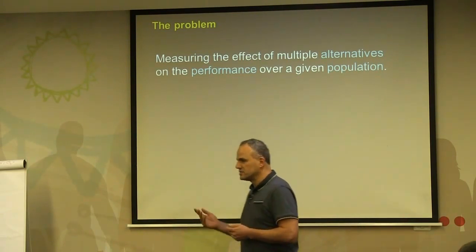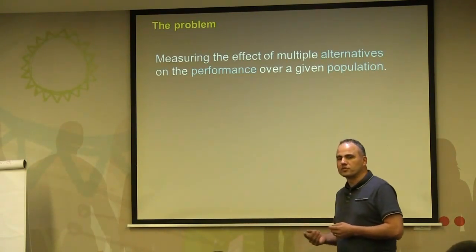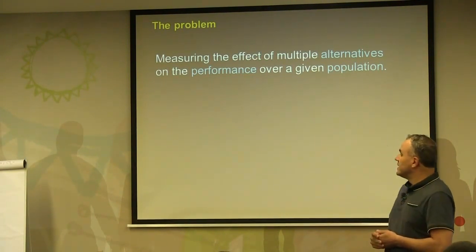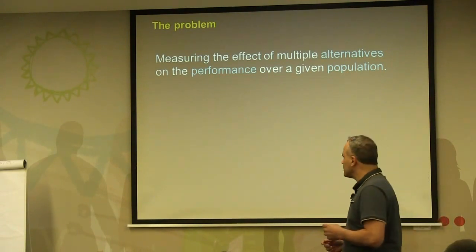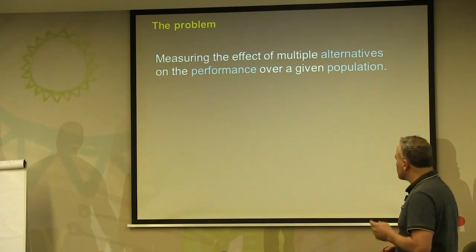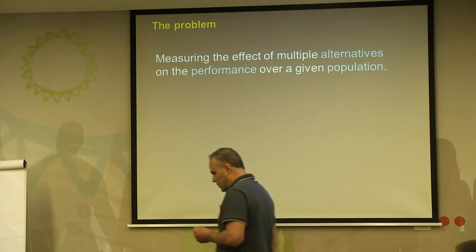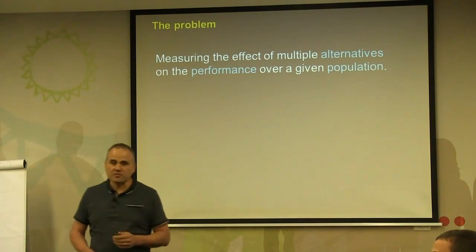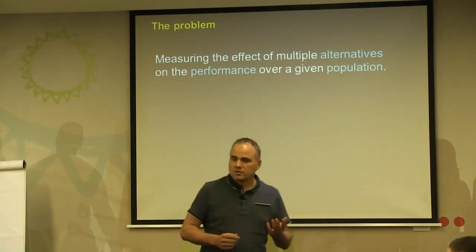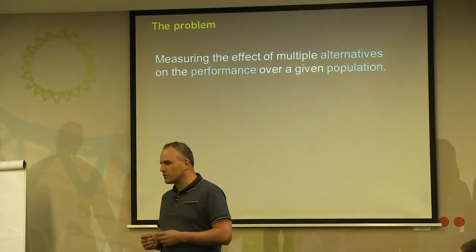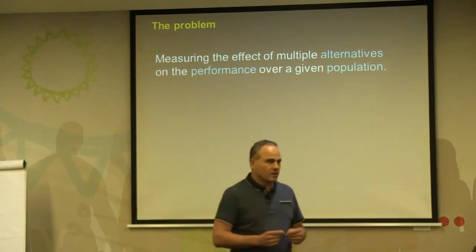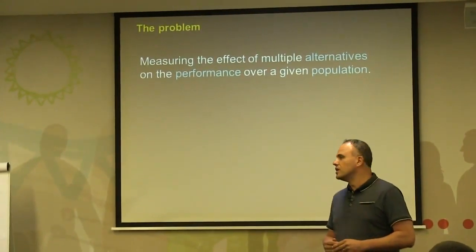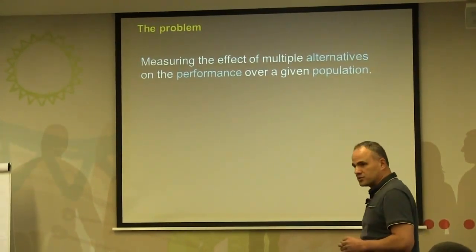We can use more than 2, same issues, same failures that we can have. So we want to compare a few alternatives, and when we compare the alternatives, we want to measure the performance. Sometimes the performance is more than a scalar. You may have several performance indicators, but usually there is one leading indicator. I will address this issue as well.